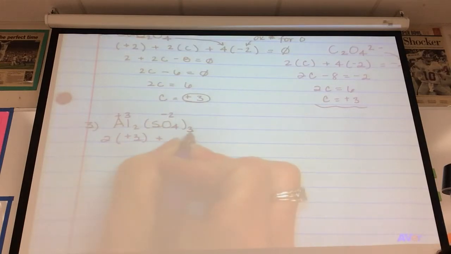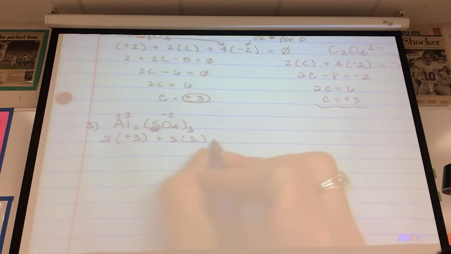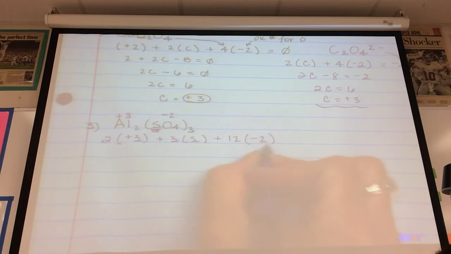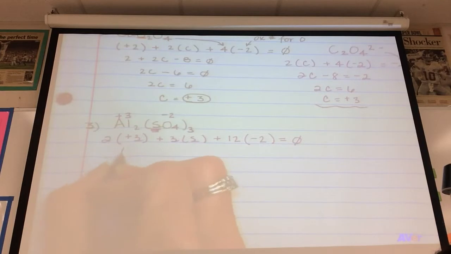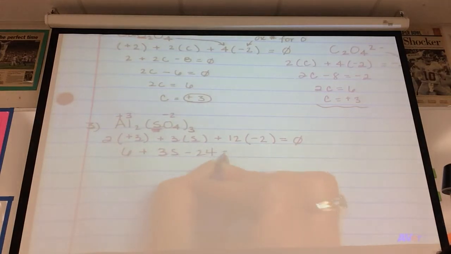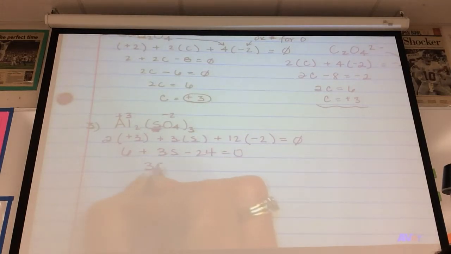Be careful here, distribute. 3 S's, that's what we're looking for, typically looking for the one in the middle. 12 O's, 3 times 4 is 12, times its oxidation number of -2, set equal to 0. 6 plus 3S minus 24 equals 0. 3S is equal to 18. Sulfur in a sulfate ion is +6.